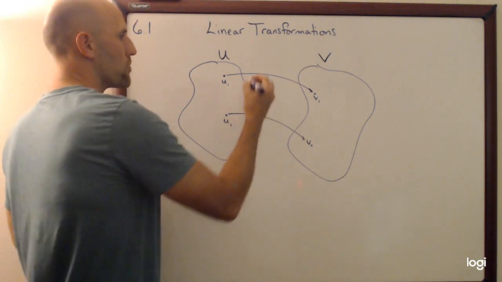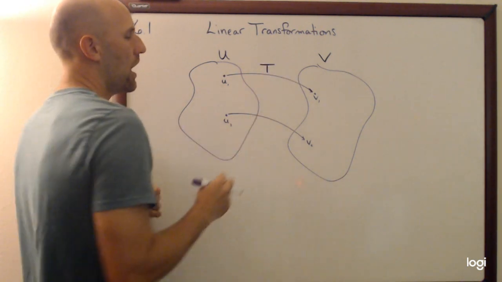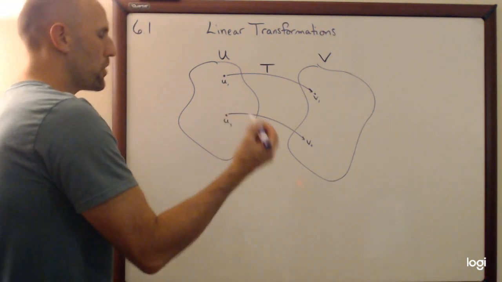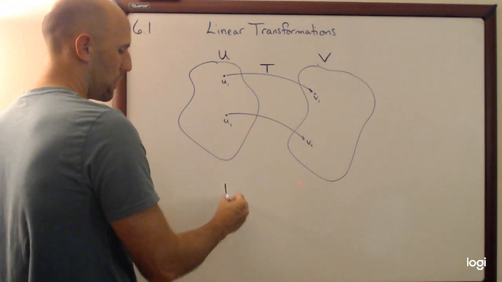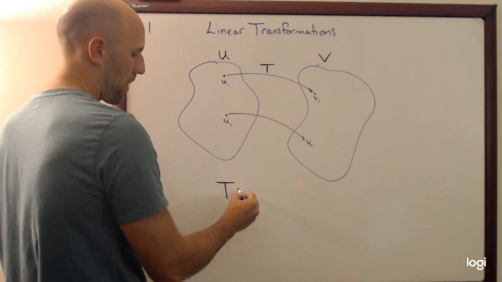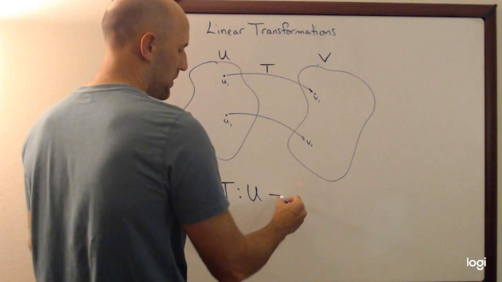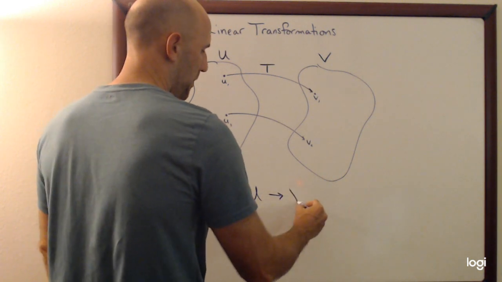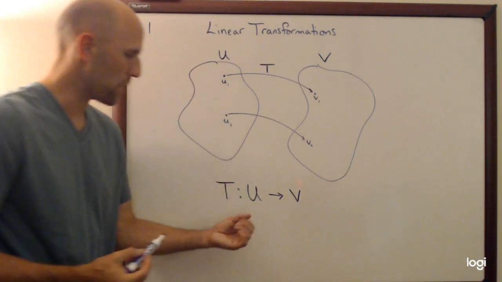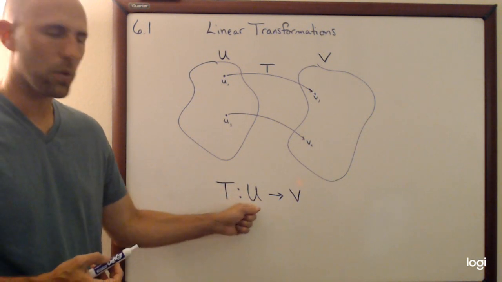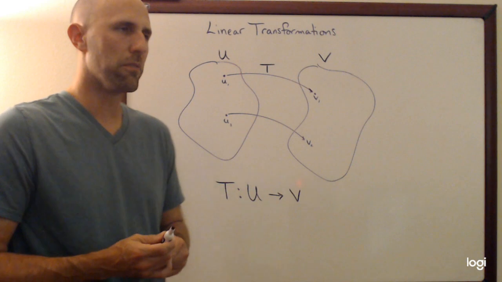This set of instructions, we'll call this T. We would then call T what's called a mapping, right? And the notation we would use for this is we would say T, we put a colon here, and we list the first space, an arrow, and then the second space, right? So this says T is a mapping, and it maps the things in U to things in V, okay?